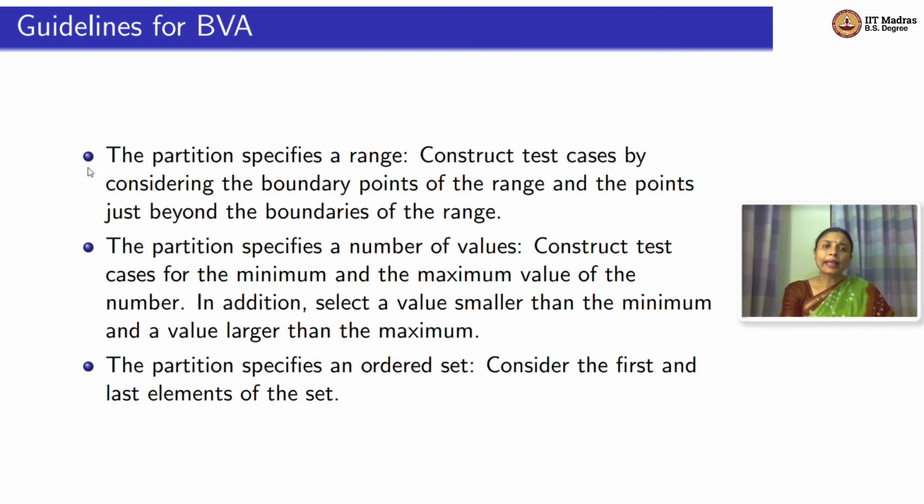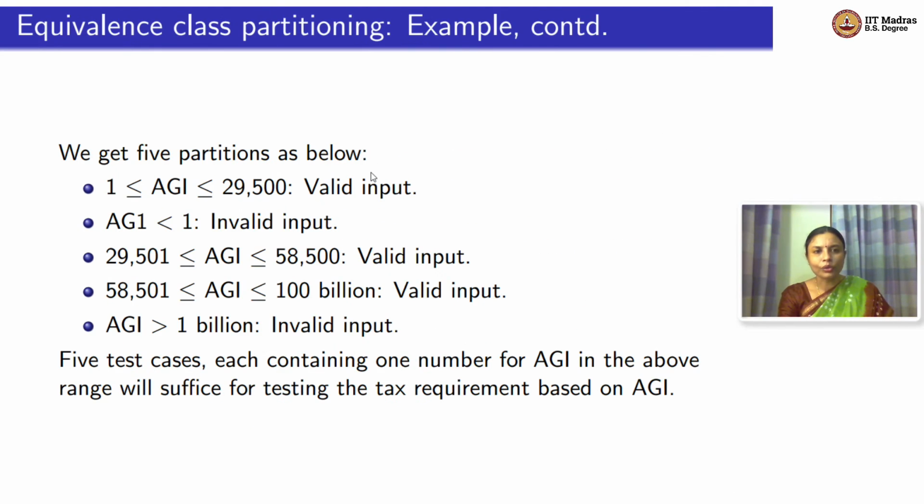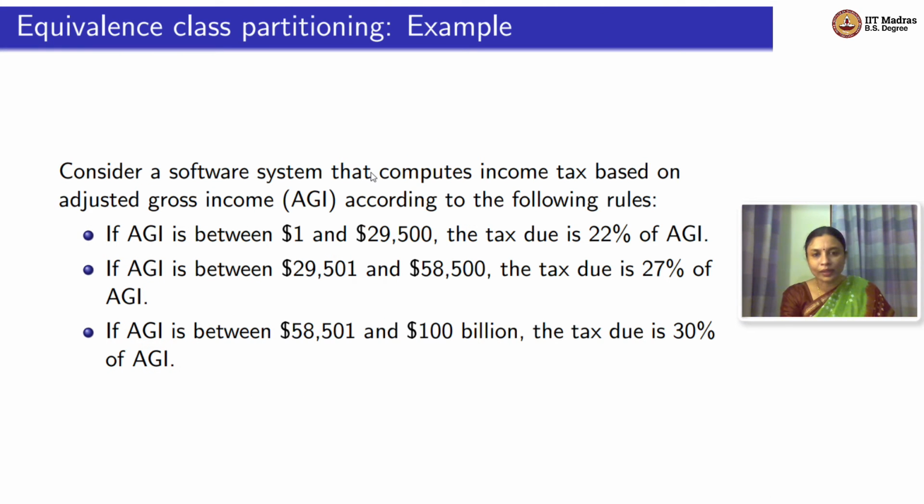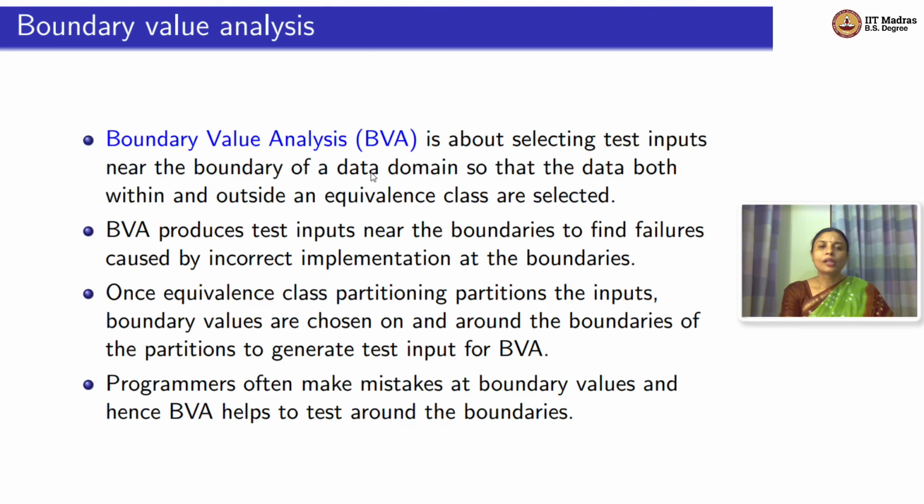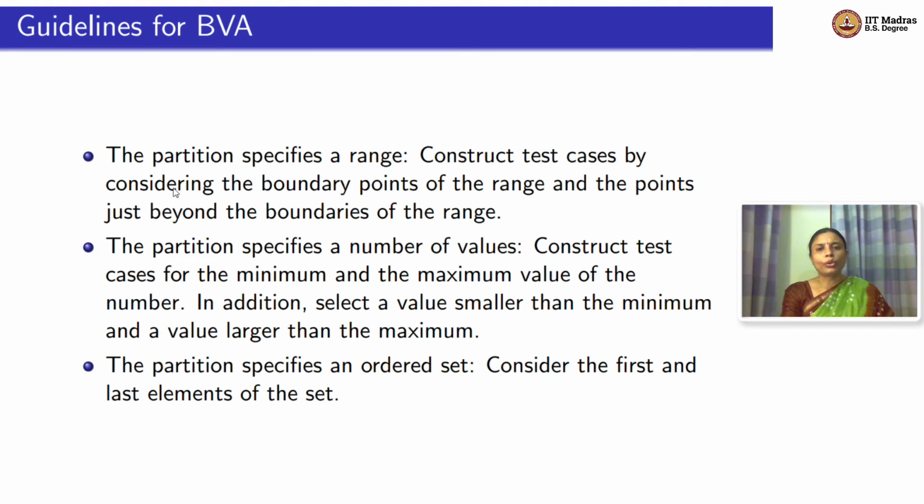So typical guidelines for boundary value analysis are: if the partition specifies a range, as we saw here, there's 29,500, second range, third range, so test around the boundaries. Construct test cases by considering boundary points of the range, and points just beyond the boundaries.